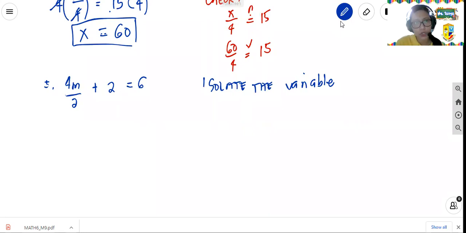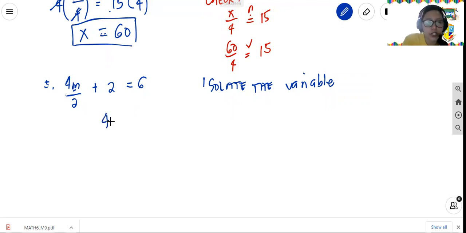Let's try doing the easiest part first, which is to get rid of the 2, because the n has many companions: 4, 2, and 2. So let's try to get rid of 2 on the left side. And since it's plus, I can use the addition property of equality and add to both sides of the equation the inverse of 2, which is negative 2.